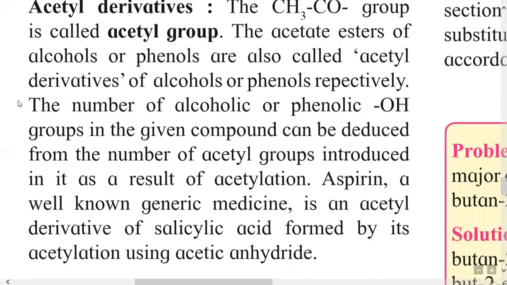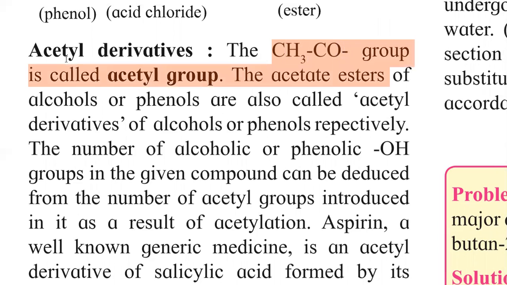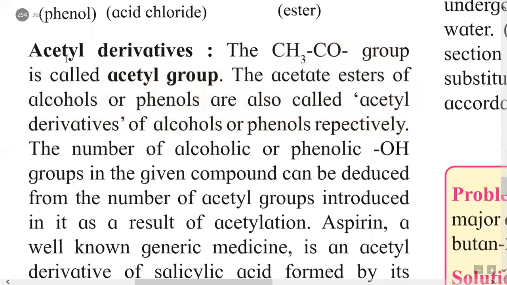Next is the acetyl derivative. What is this acetyl derivative? The compound containing the CH3CO group. This CH3CO group is called an acetyl group, and acetate esters of alcohol and phenol are called acetyl derivatives. So alcohol and phenol form acetyl derivatives with this OH group.